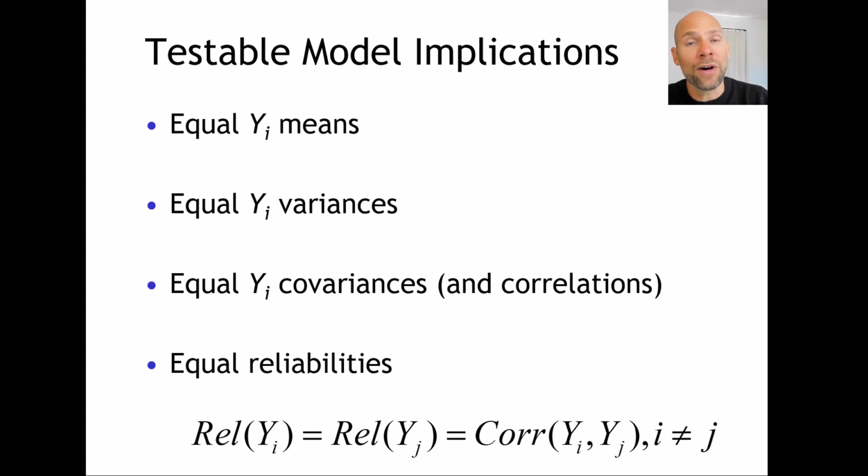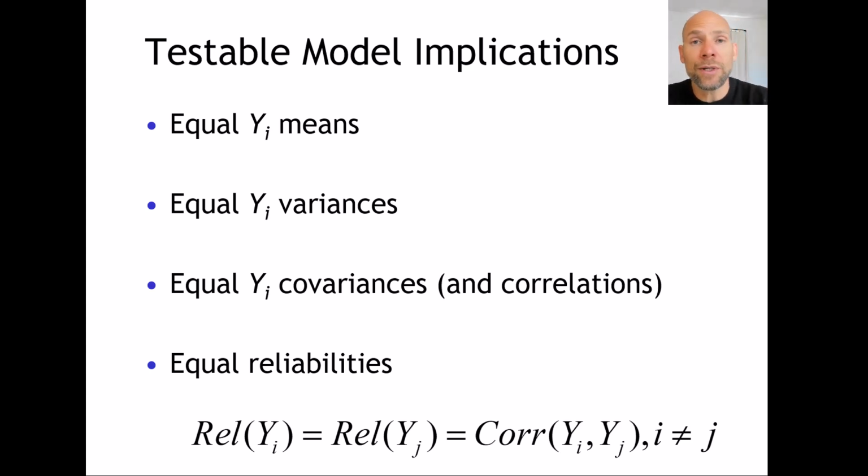And moreover, the reliabilities are equal to any correlation between 2 strictly tau parallel variables. So you could take any correlation, and that would give you an estimate of the reliability of each of the variables. The correlations have to be equal within sampling error, equal in the population, and therefore the variables also have equal reliability. So it's a very nice simplistic model.